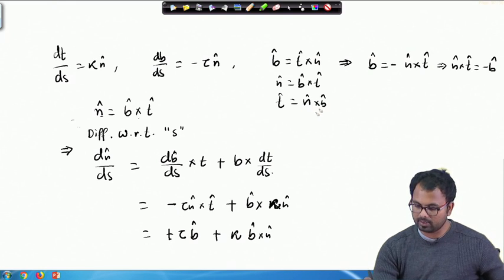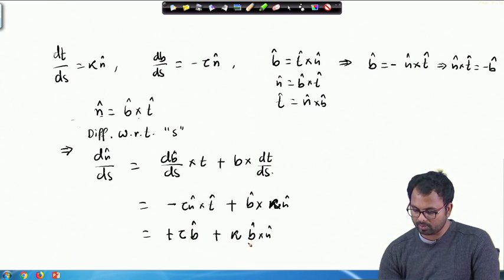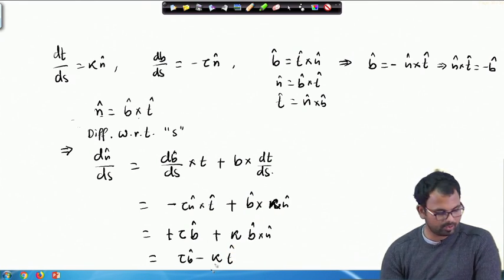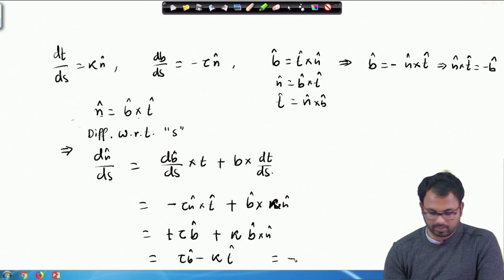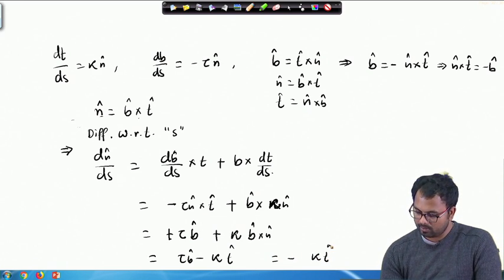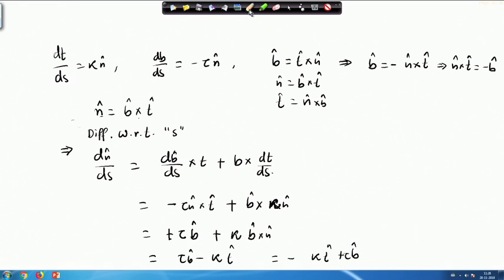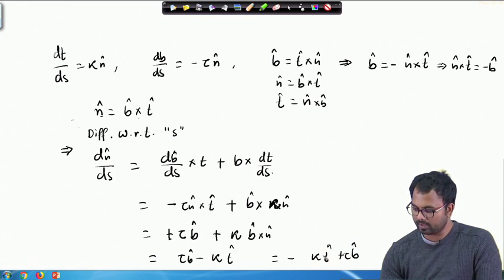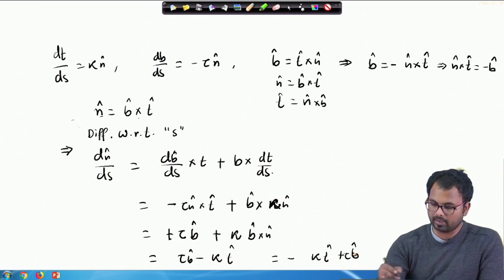So now I can substitute B cross N as minus T. So this is tau B cap minus kappa T cap, which we can write as minus kappa T cap plus tau B cap. Therefore dN/ds is minus kappa times T cap plus tau times B cap.